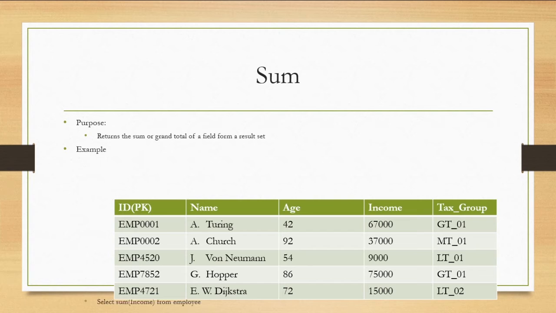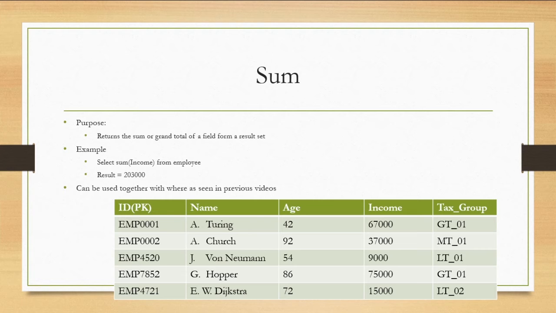For example, select sum of income from employee. The result will be 203,000. If we add up all the income fields, 67,000, 37,000, 9,000, 75,000, and 15,000, we get 203,000. It can be used together with where, as seen in previous videos.